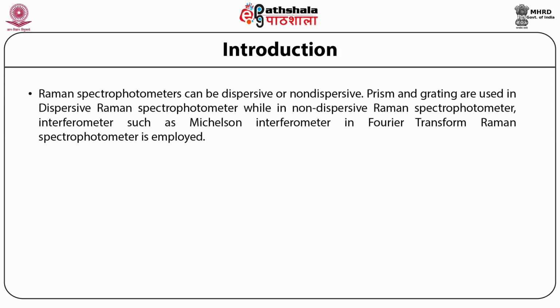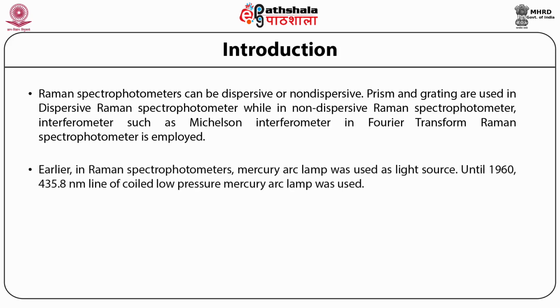Prisms and gratings are used in dispersive Raman spectrophotometers, while in non-dispersive Raman spectrophotometers, an interferometer such as the Michelson interferometer in the Fourier transform Raman spectrometer is employed. Earlier, in Raman spectrophotometers, the mercury arc lamp was used as light source.